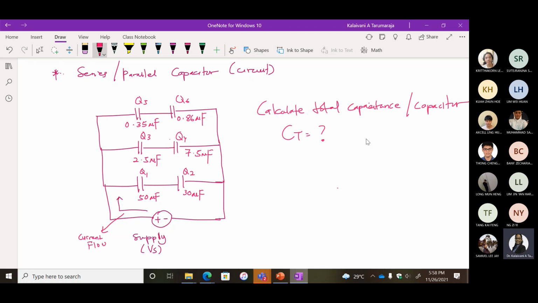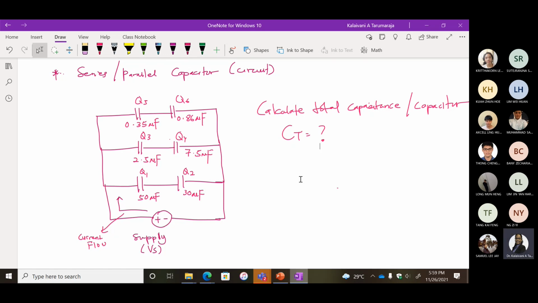I don't want the last answer. Miss wants the steps for how you simplify to get your total C. That's all. Due to time, I'm not asking you to calculate based on the voltage or the charge. Just define for me how much the total capacitance is that you can find from this schematic.